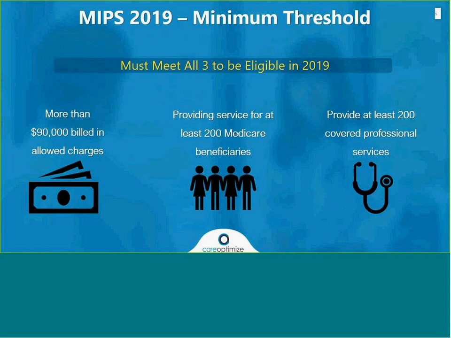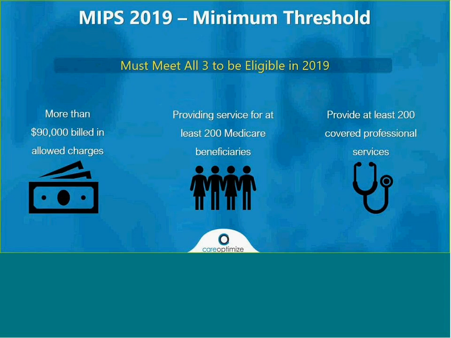Okay, new for 2019 are the minimum thresholds. So all of you are probably aware of the first 2, that just like 2018, you need to bill more than $90,000 in Medicare allowable charges, and you must provide service for at least 200 different Medicare beneficiaries.